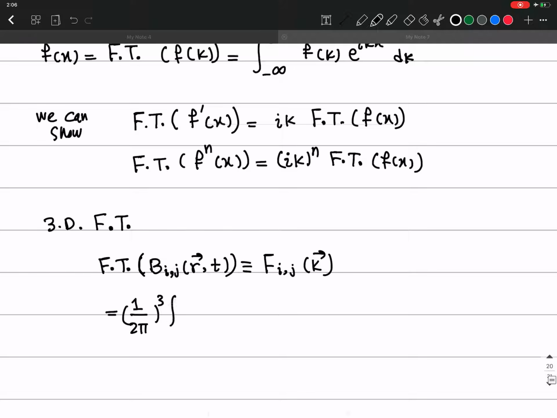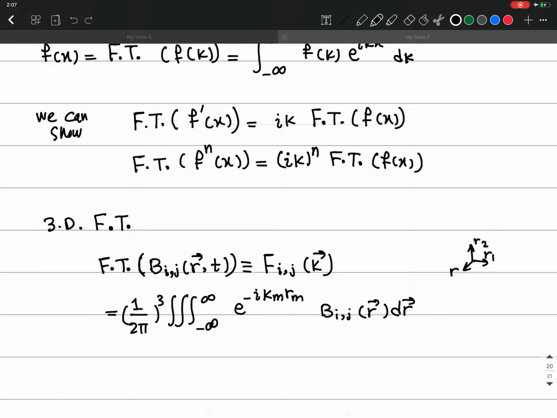So we are going to have 3 integrals from minus infinity to infinity of e to the minus i k_m r_m, so it's going to be k1, k2, k3, times B_ij of r, with r1, r2, r3 in 3 dimensions, dr. Okay, so r1, r2, r3 in 3 dimensions.